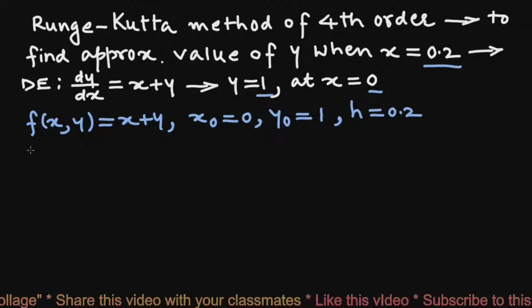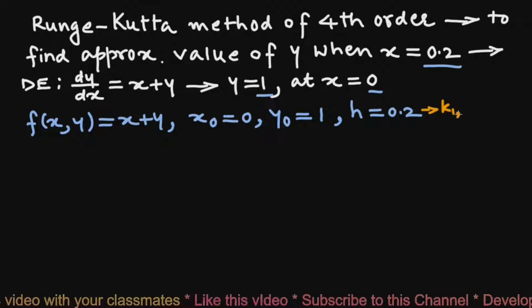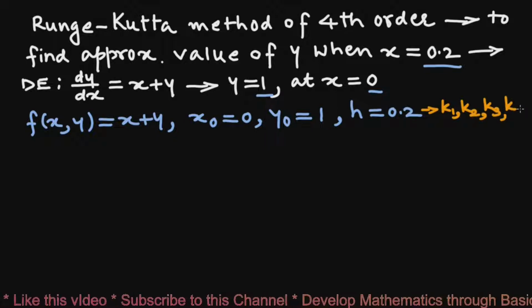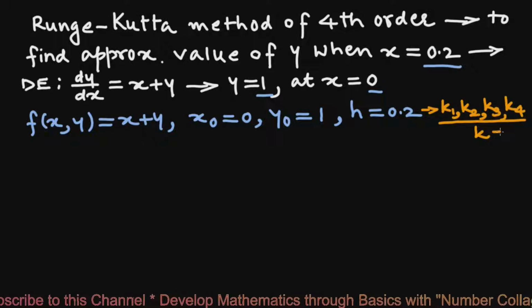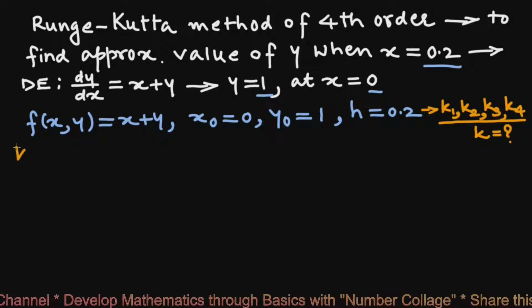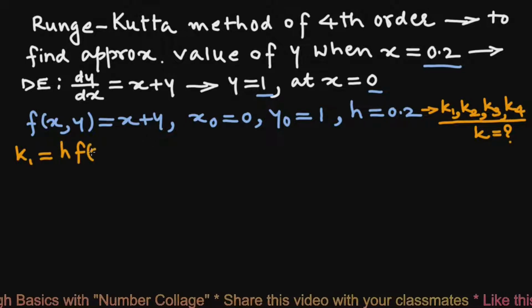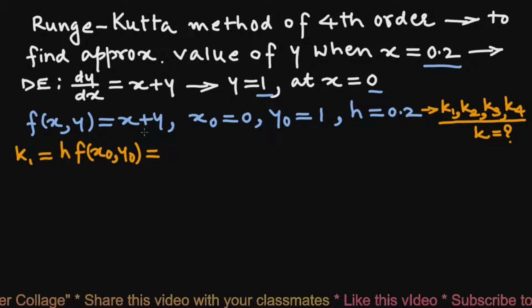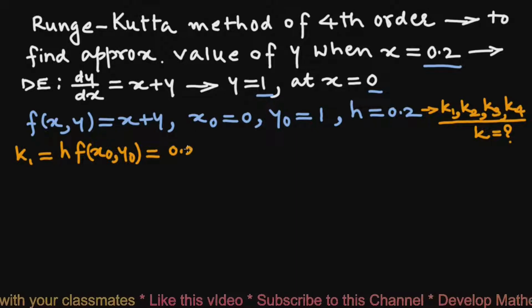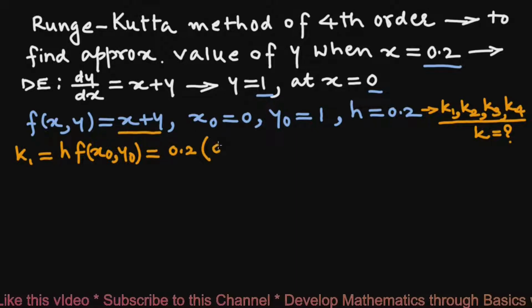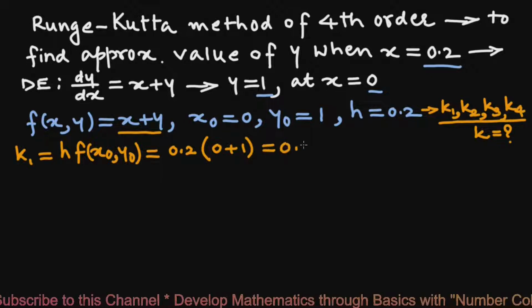First, we will find values of k1, k2, k3, and k4, and from these four values we will find the value of k. So first k1 is h times f of x0 comma y0, which is 0.2 times x0 plus y0, that is 0 plus 1, which gives 0.2.